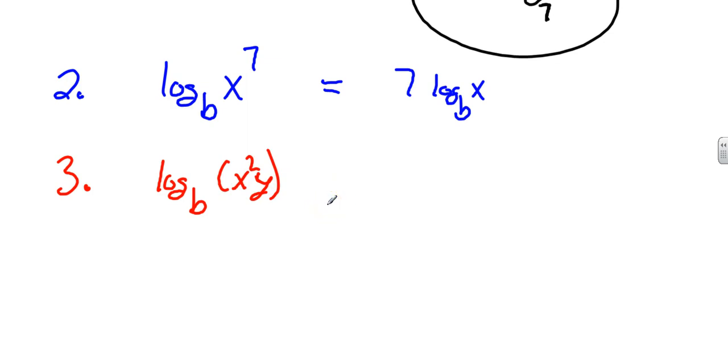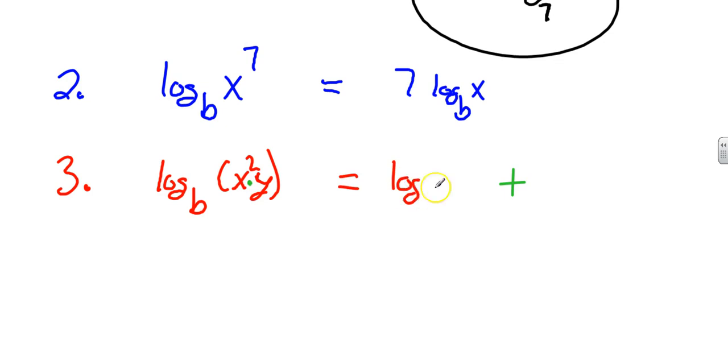Okay, so here we go. Log of x squared y with b as the base. For that problem, there's a couple of things. First, we've got x squared times y. So again, the very first thing is that's going to be a plus.